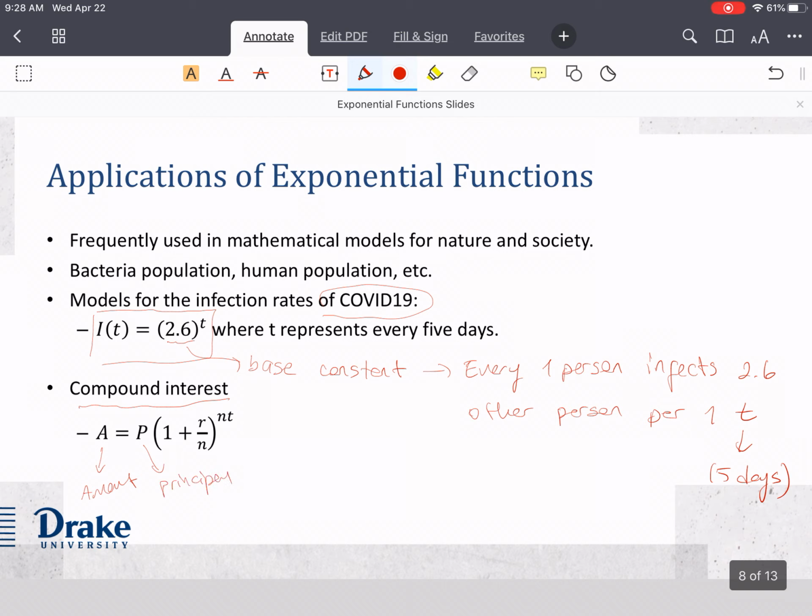So 1 plus r, where r is the rate, n is the number of times interest is applied, and t is the time period. You'll notice this whole thing is an exponential function because P, r, and n are just constant numbers, but t is a variable. So it's something raised by a variable, right? It's this parentheses raised by a variable.